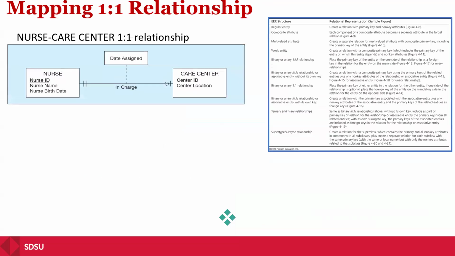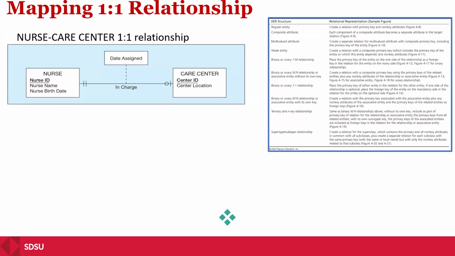All right. So here's another example of mapping a relationship, but in this case, it's a one-to-one relationship. For example, in this case, it's the nurse care center relationship, which represents a one-to-one relationship.